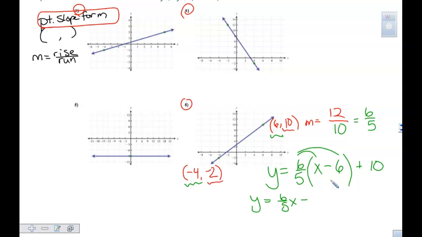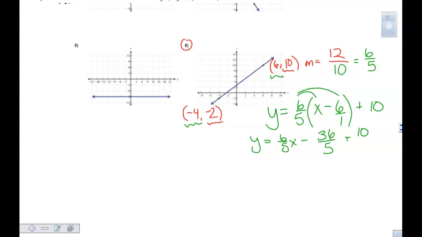6/5 times 6, because this is really over 1, so I'm going to have minus 36/5 plus 10, right? And this is really 10 over 1. So if I wanted 5 as a denominator, it'd be 50 over 5, right? That's the same as 10 over 1.